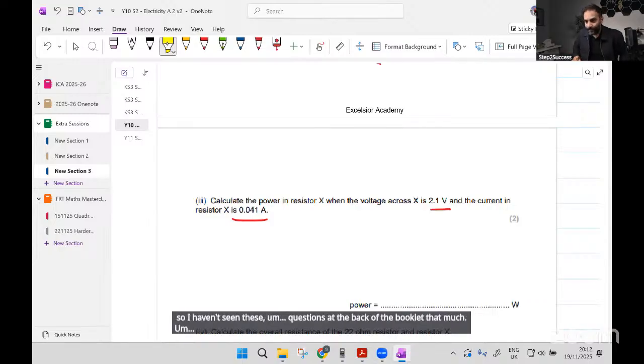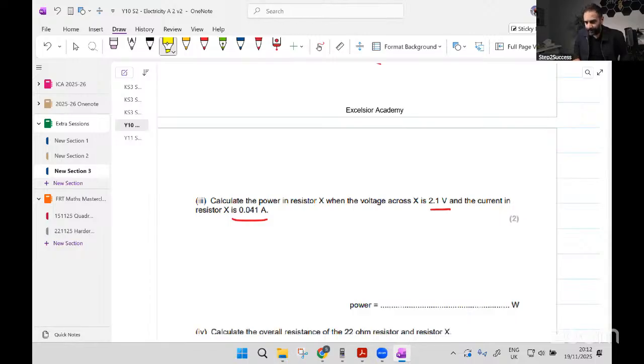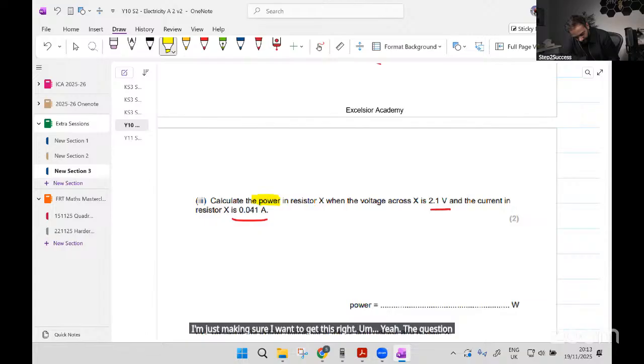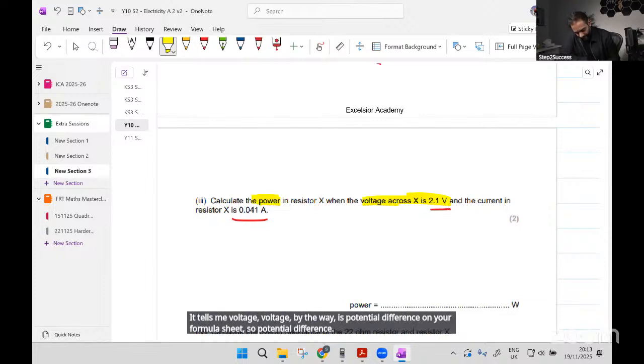Just making sure I want to get this right. Yeah, the question asks for power. It tells me voltage. Voltage, by the way, is potential difference on your formula sheet. And it tells you current.